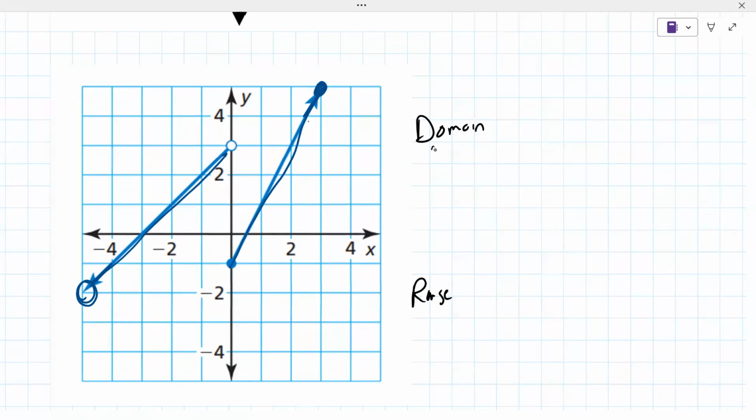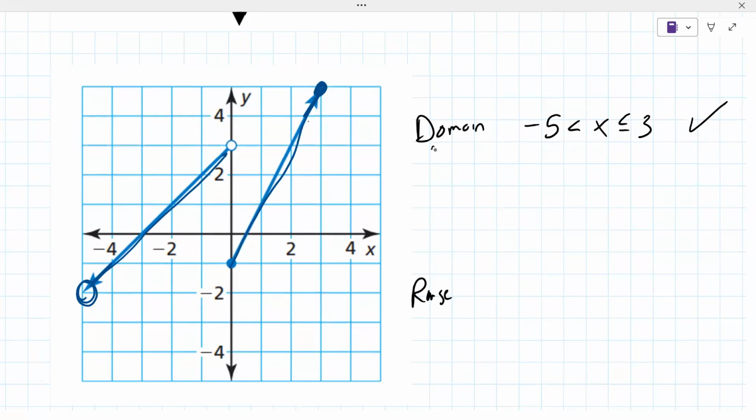For domain, -5 is less than x, which is less than or equal to 3. -5 less than x less than or equal to +3 like that. Yes.